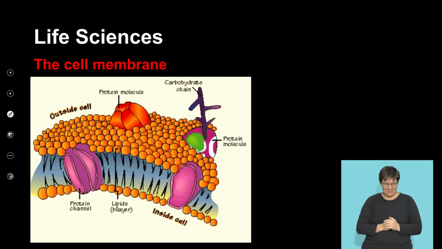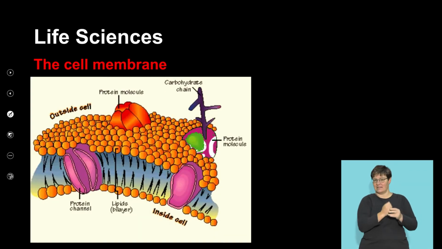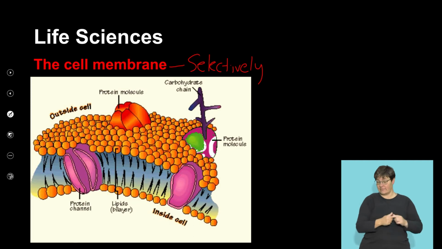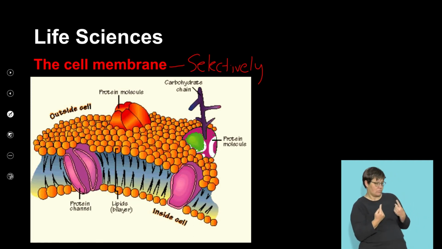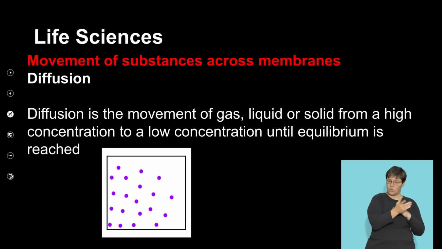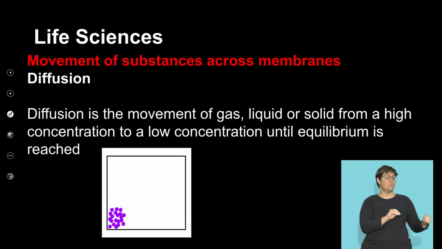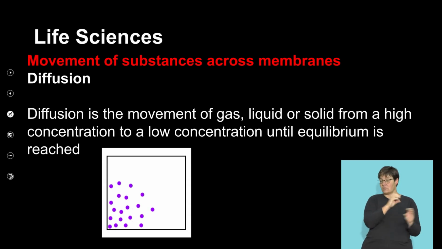Okay, so let's look at this diagram again. This is my cell membrane. And remember, it is selectively permeable. What does that mean? It is going to decide what moves in and what moves out. Now, when it comes to movement, the first type of movement is called diffusion.